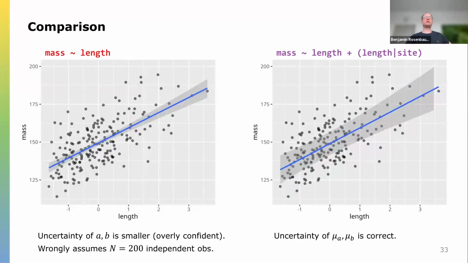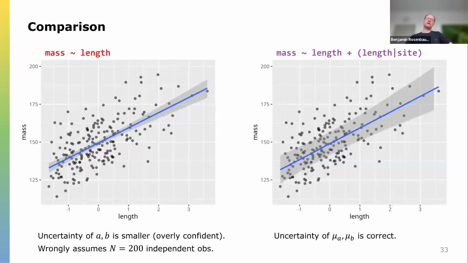So let's compare these models again. Here, we would ignore the predictor site. We would be overly confident about the confidence intervals of the slope and also of the intercept. But if we include it in this way, the uncertainty of the mean slope and the mean intercept is quantified correctly.